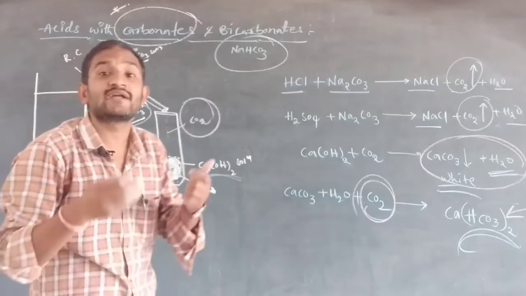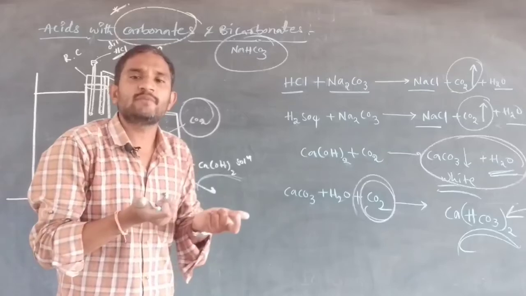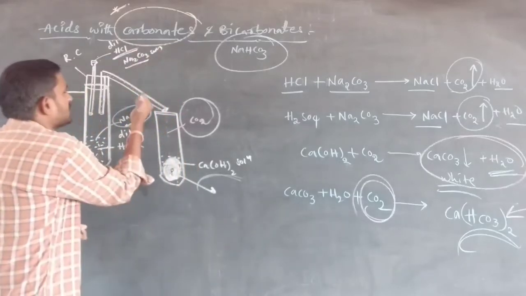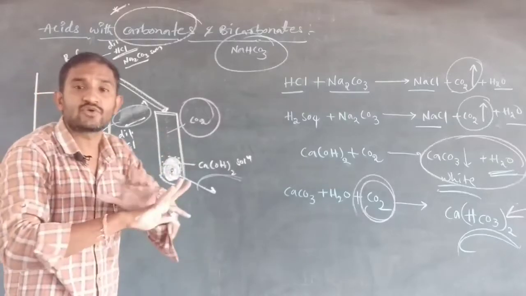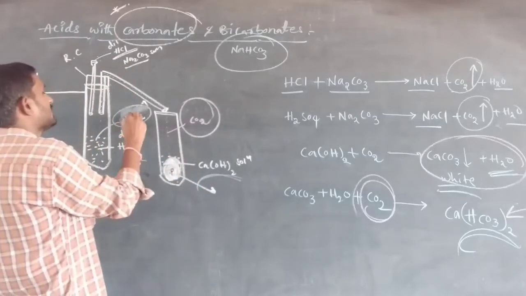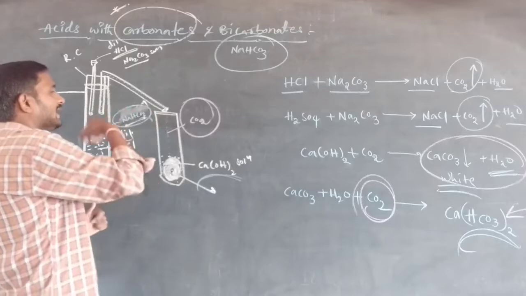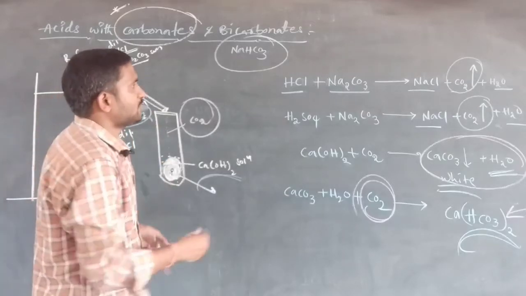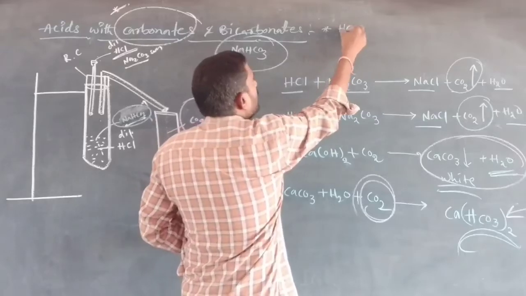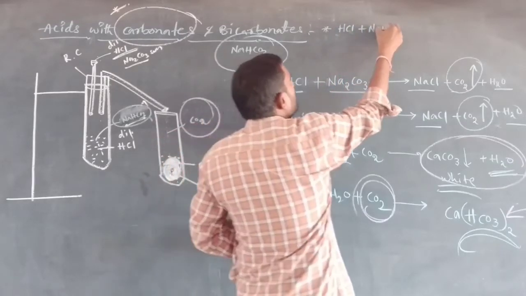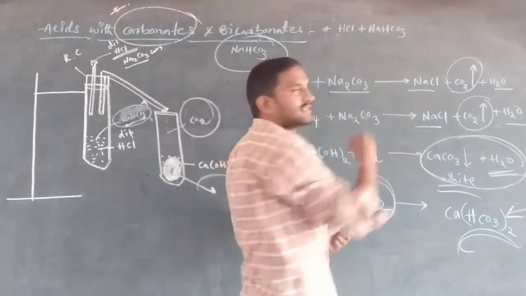What will form? The experimental procedure is the same, there is no change; I am just taking sodium bicarbonate NaHCO3. Let me write the reaction here: hydrochloric acid with sodium bicarbonate NaHCO3.